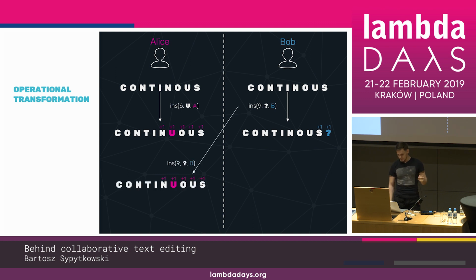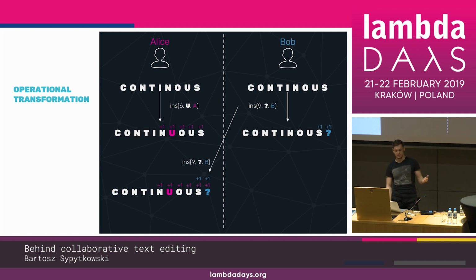To solve this problem of applying those extra characters into our document. So it's simple. When Bob replicates his operation into Alice's replica, he sees that there is a transformation that should be applied to his operation. So we apply that operation and we finish in the correct state.